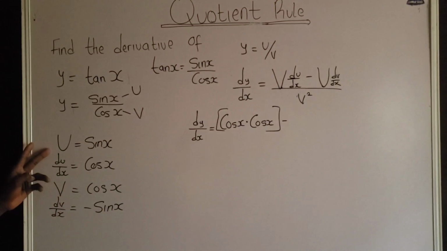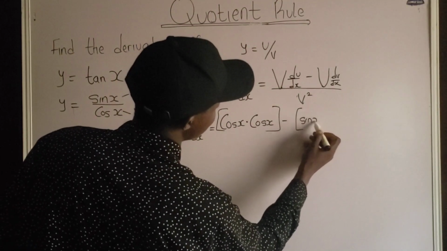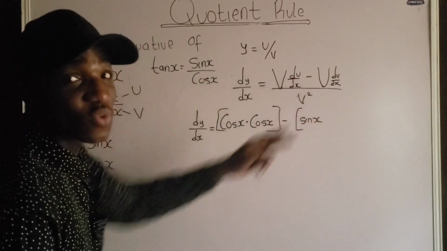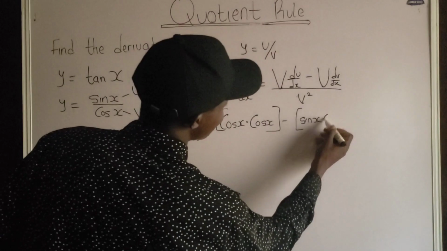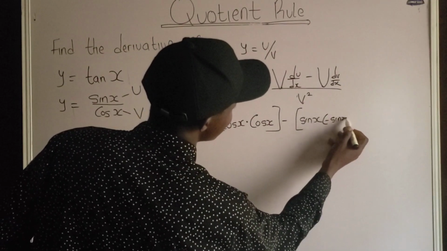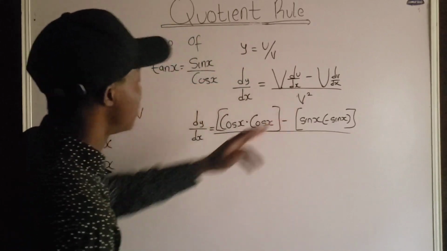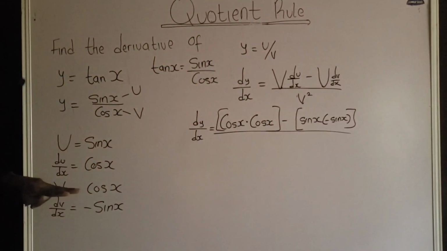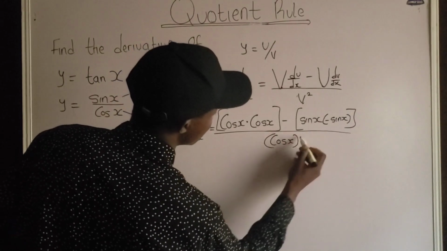Sine x. So I'm going to have minus sine x multiplied by dv over dx, which is minus sine x. So all over v squared. Don't forget that v is cos x, so I'm going to have cos x to the power of 2.